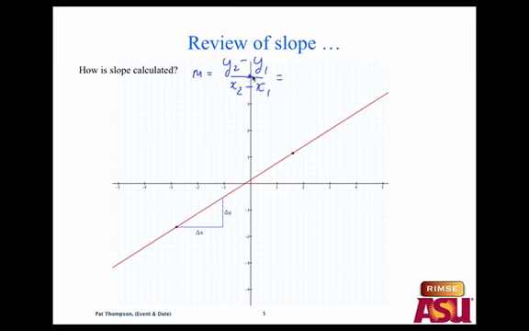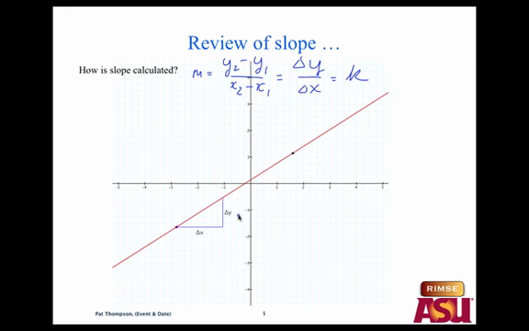But now we know that the difference between two y values of the y quantity is delta y, and change in x, or x2 minus x1, is the change in x. So slope, that value of slope, is really that constant rate of change that we just talked about. It's the relative size of changes in y to changes in x.